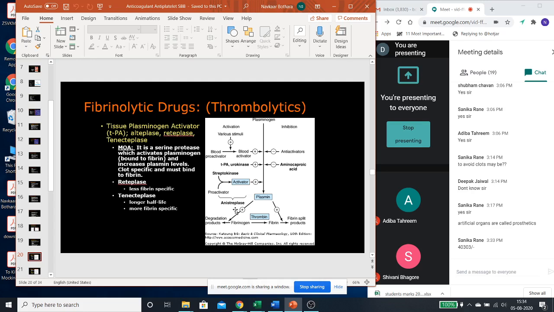So like that it is there. It causes an increase in the plasmin levels, and being clot specific, it will bind to fibrin and cause breakdown of fibrin. The drug reteplase is less fibrin specific. Tenecteplase has a longer half life, and it is more fibrin specific.